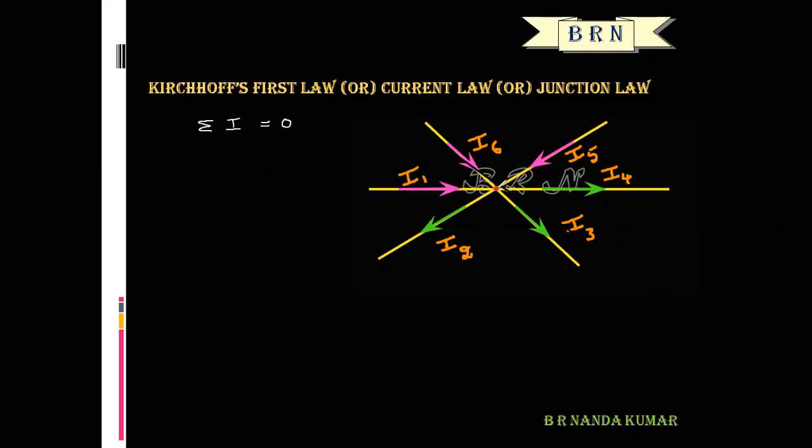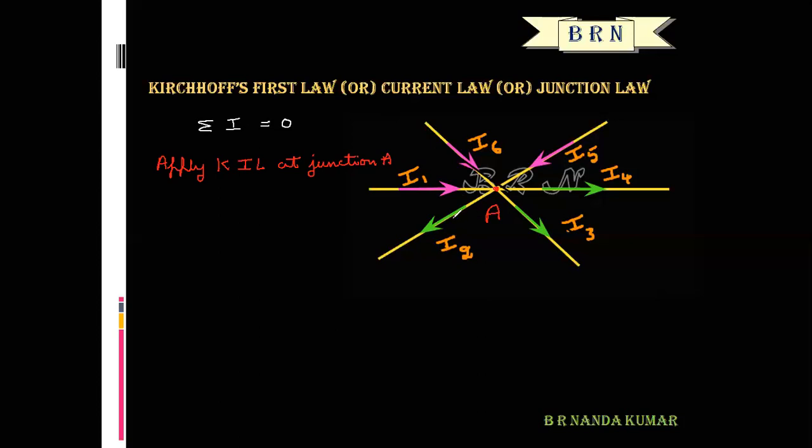This is a junction. Let us consider that as A. So let us apply Kirchhoff's current law at junction A. Suppose the currents entering the junction are taken as positive; then the currents leaving the junction must be taken as negative.